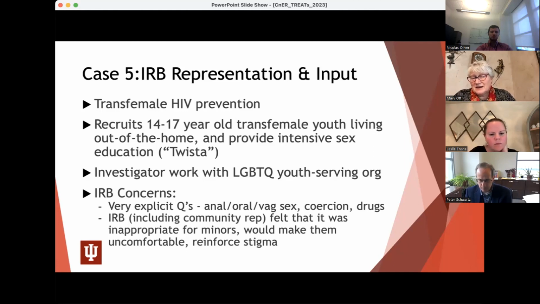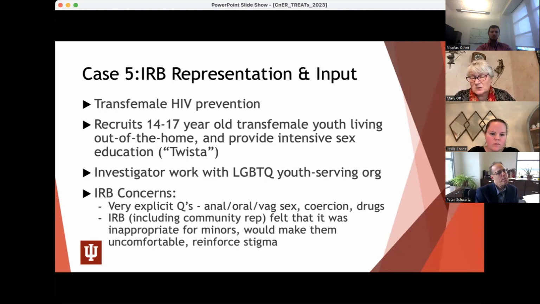My colleague had the LGBT youth serving organization write a very strong letter of support, where they said that these young people were already exposed to these risks. In fact, the education, although it felt explicit on the surveys and in the education, would actually be protective and empowering of youth.